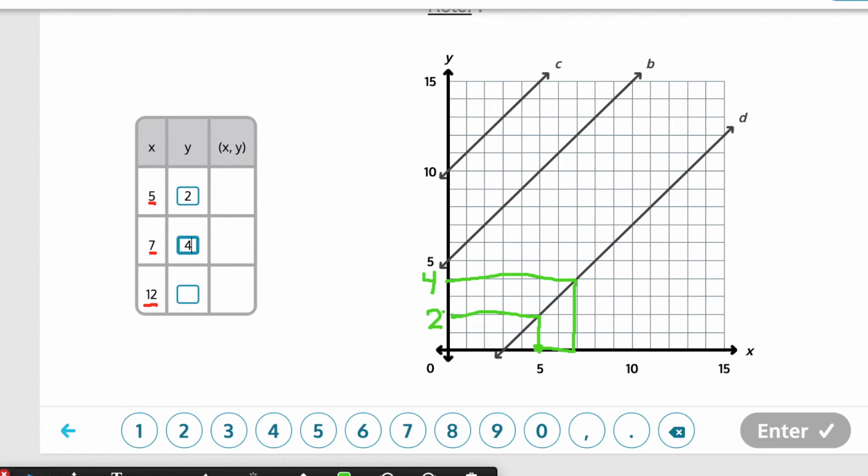And when the x coordinate is 12, I'm going to go up to line D and see that the y coordinate, 5, 6, 7, 8, 9, the y coordinate would be 9.